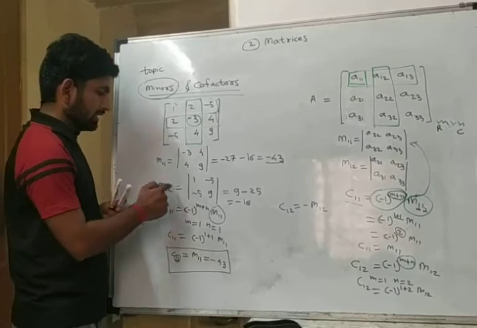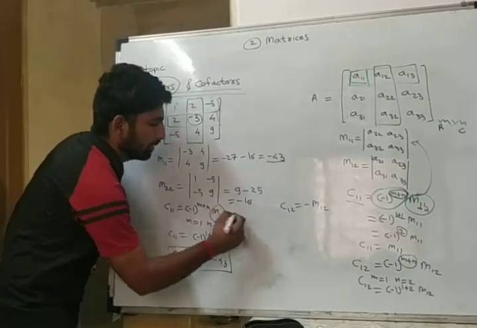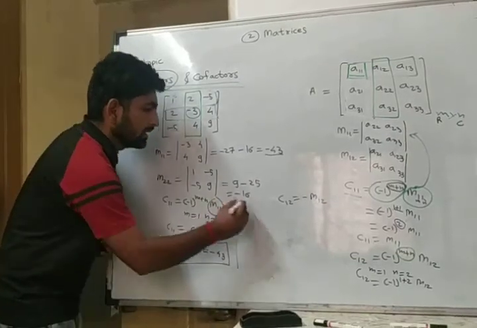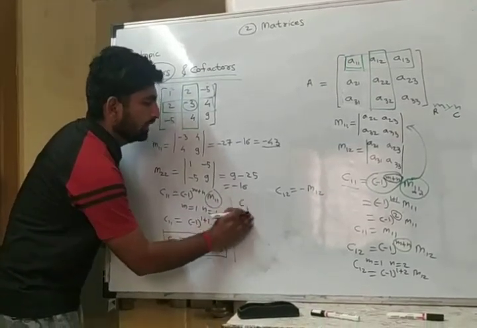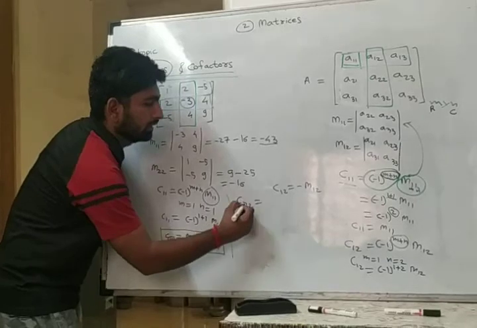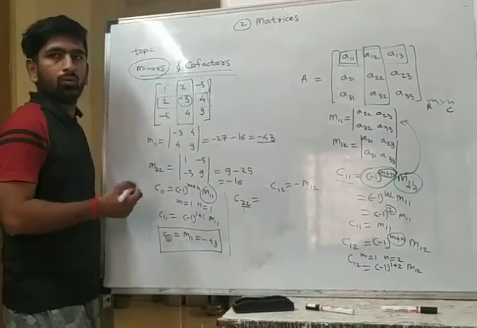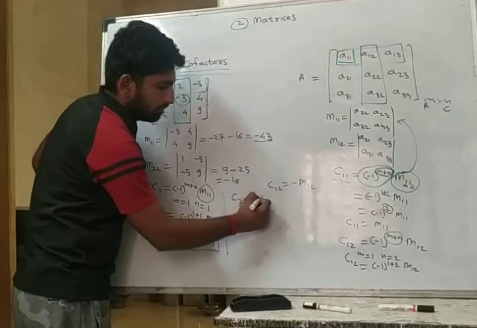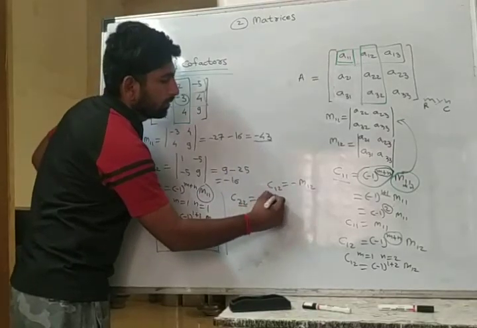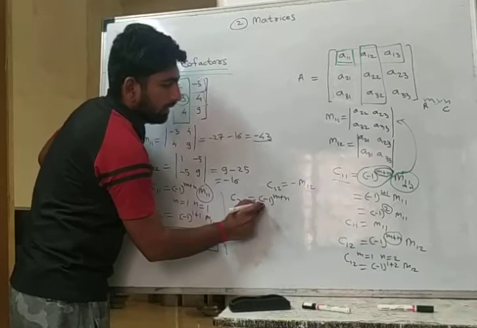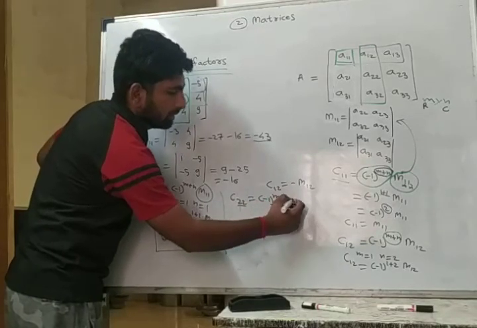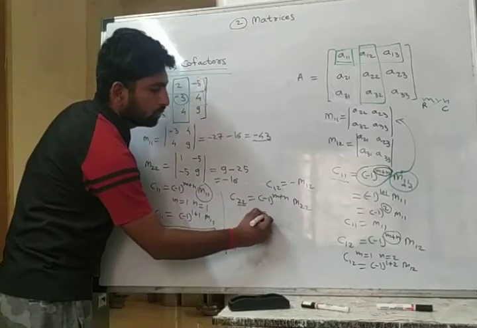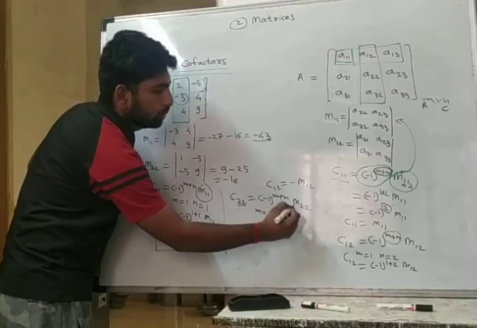Similarly, for the second example, we have C22. This location as well: 2 plus 2 is 4. This number is also even. So the cofactor equals the minor, but still we go with the formula minus 1 raised to m plus n into M22. m is equal to 2, n is equal to 2.